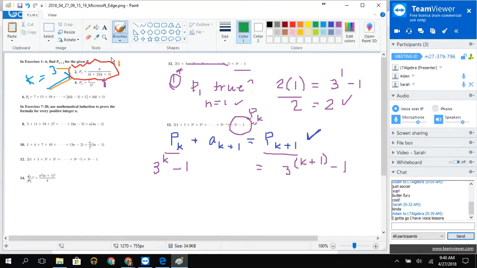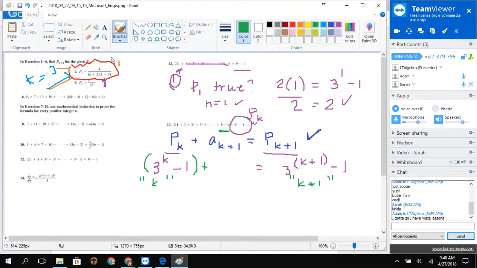But we can't just say they're equal, because this is k number of terms and this is k plus 1 terms. So we need to add on to our P sub k the next term, and to get the next term we need to use this value in here.